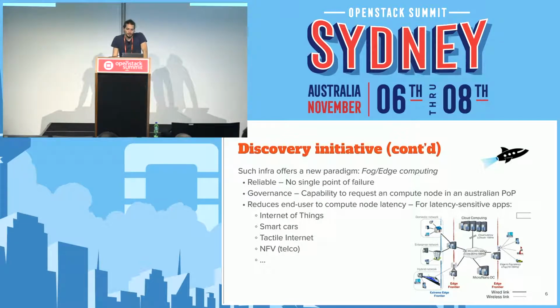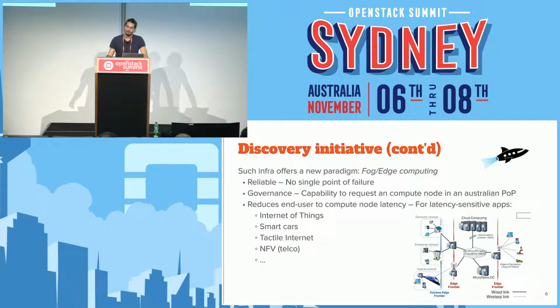Such a paradigm brings also governance, since POPs tend to be globally distributed. So for instance, if I run a company in Australia, I can request a compute node in an Australian POP.